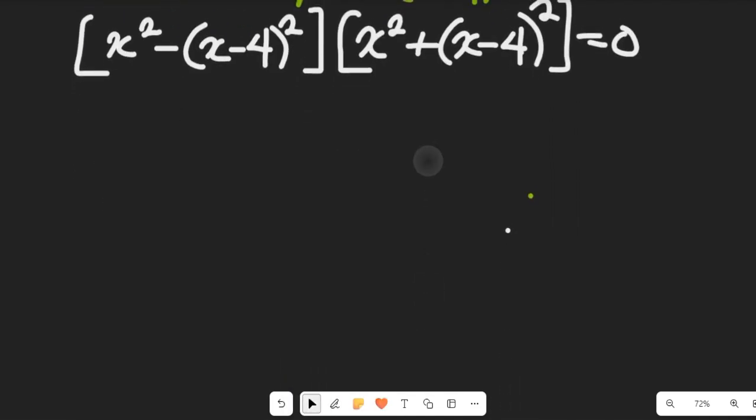Now, having done that, we're going to simplify further. We are going to concentrate on expanding this because we have (x minus 4) squared, which can be expanded.